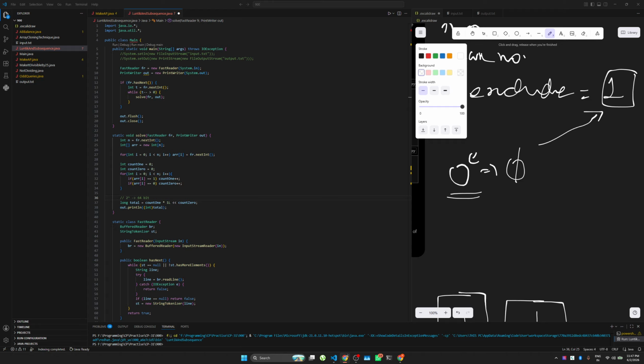Difference between long and double. I think it's just because of the fraction that we can calculate. Yeah, long only stores whole numbers, whereas double stores fractional numbers. Got it. Great. Awesome. So 64-bit whole numbers, which is what we want.